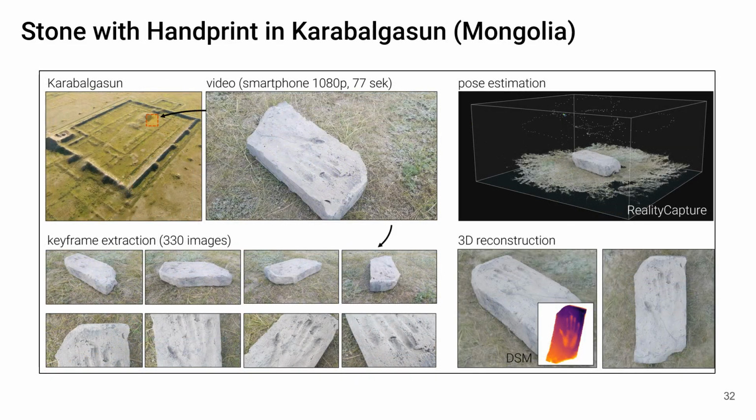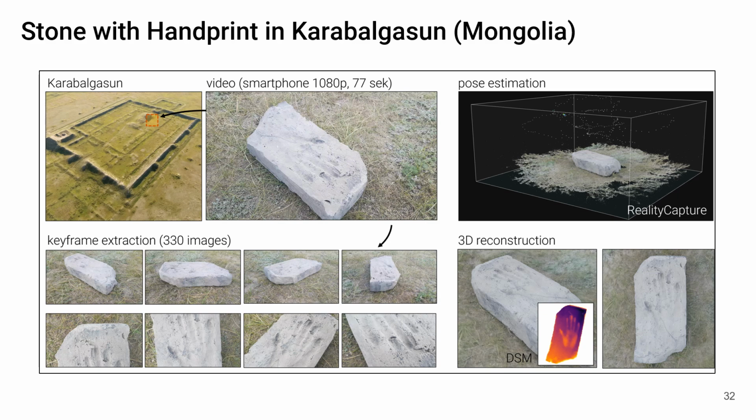This example shows a stone found during excavation work in 2022 in the citadel of Karabalgasun in Mongolia. A human handprint can be seen on the top of the stone. Here, a Samsung Galaxy S20 was also used to record a video of just under 2 minutes at 1080p.